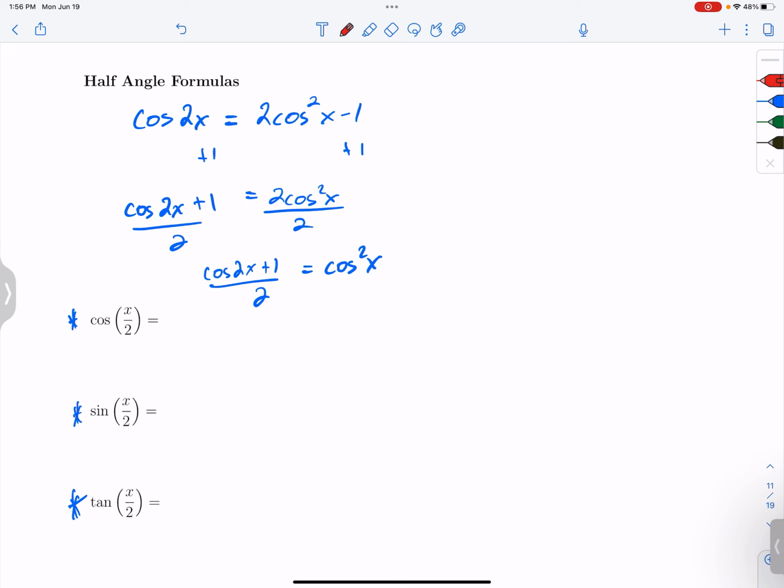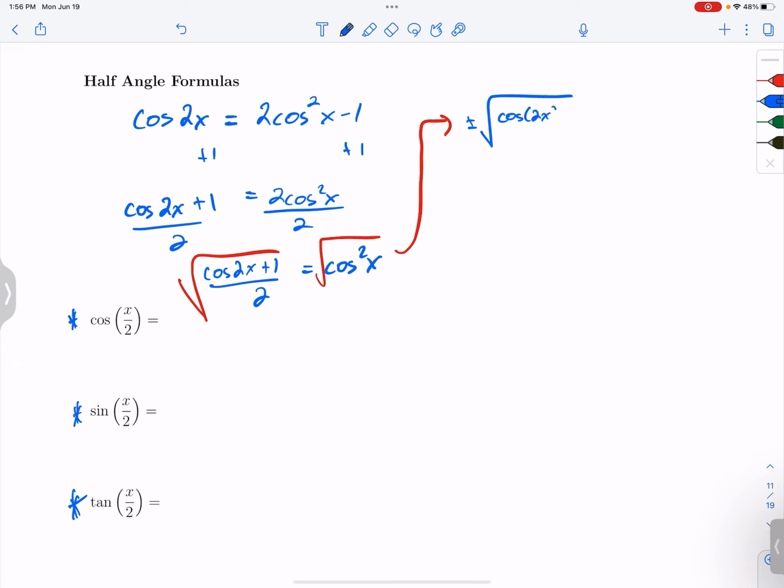Now if I take the square root of both sides, we end up with plus or minus the square root of cosine of 2x plus 1 divided by 2, and that is equal to cosine of x. One thing we can notice here is I have double the angle, 2x, on the left-hand side, and I have just x on the right side.